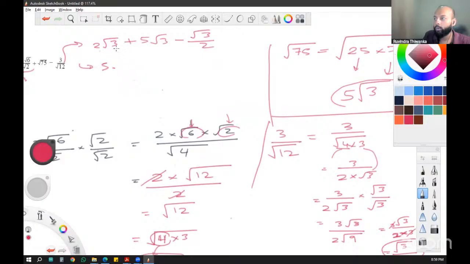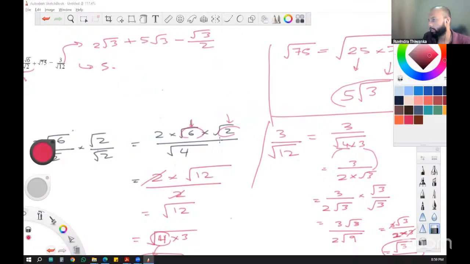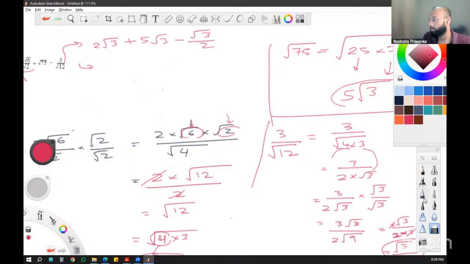We'll write 5 root 3 plus 2 root 3. 5 plus 2, it's 7. Root 3 doesn't change. And minus root 3 over 2.